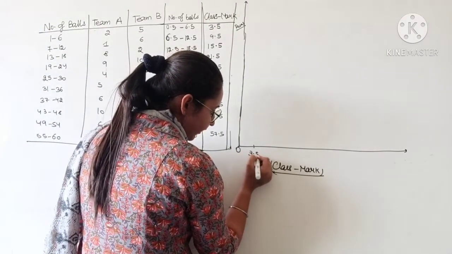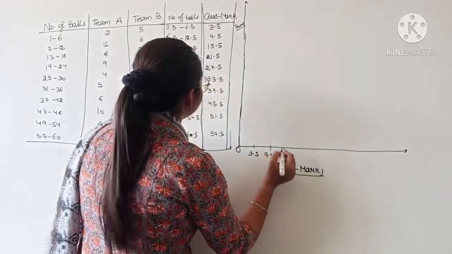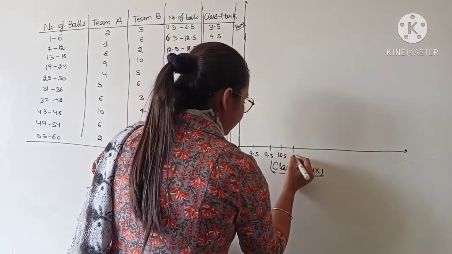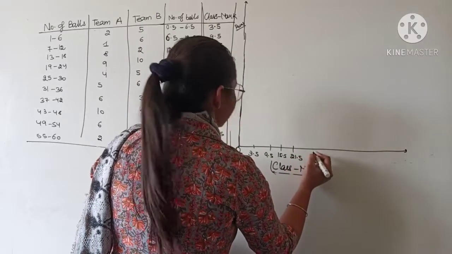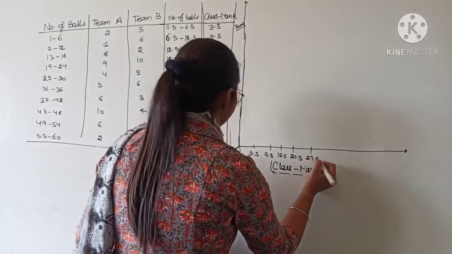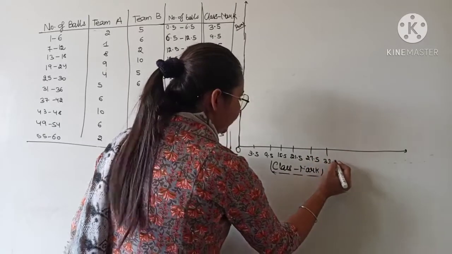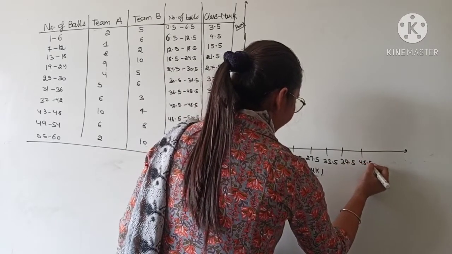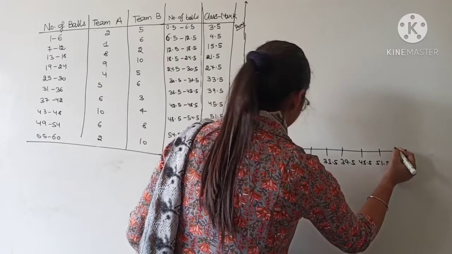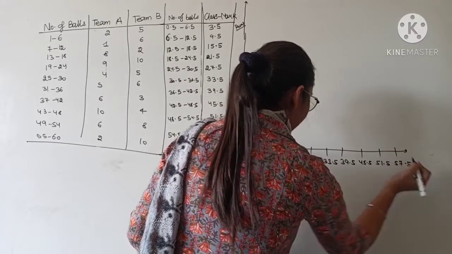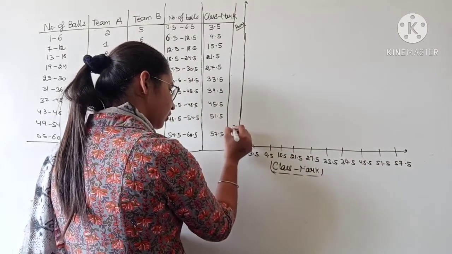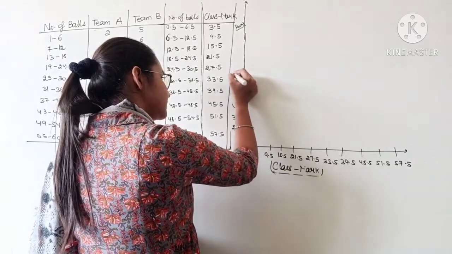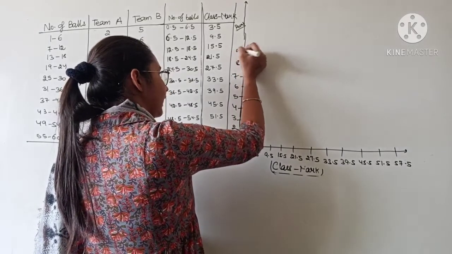So I am taking first 3.5, then 9.5, then 15.5, then 21.5, then 27.5, next is 33.5, then 39.5, 45.5, 51.5, and last is 57.5. And frequency I am taking 1, 2, 3, 4, 5, 6, 7, 8, 9 and 10.